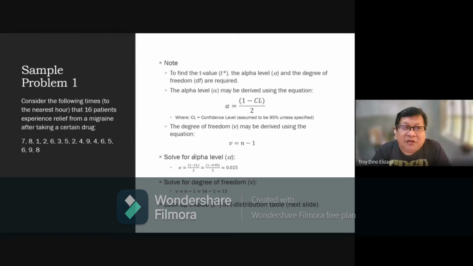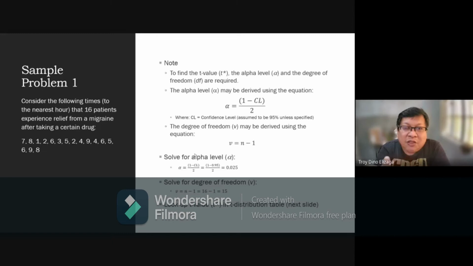Note that to find the t-value, we need two variables, the alpha level and the degree of freedom. The degree of freedom is represented by the letter v, small letter v. So the alpha level may be derived using the equation (1 minus CL) over 2, CL being the confidence level.